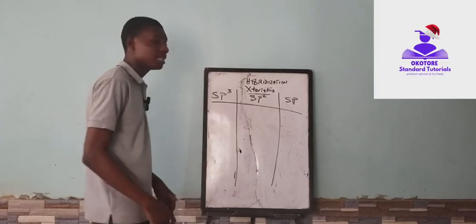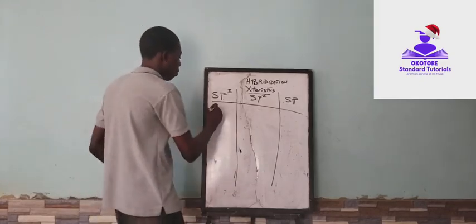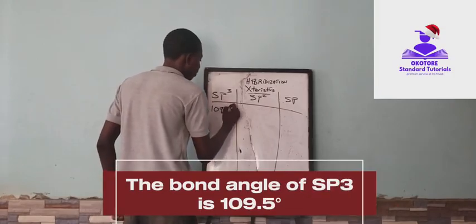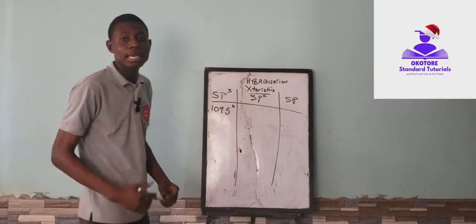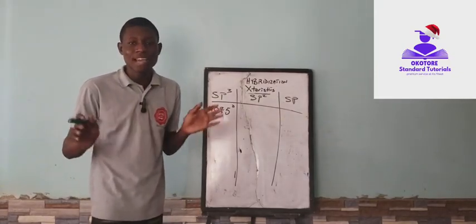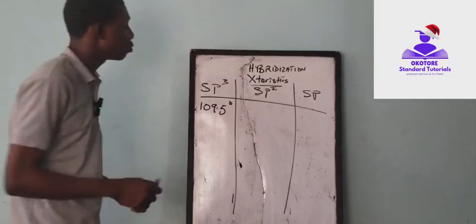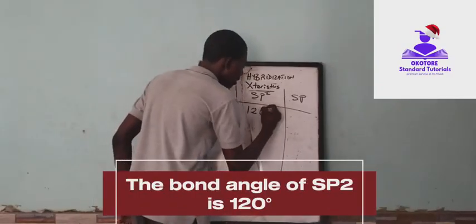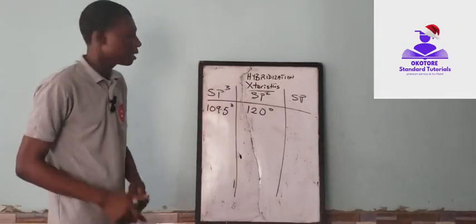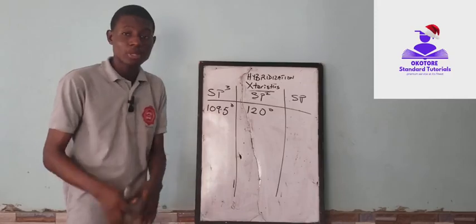Now for sp3, the bond angle is 109.5 degrees. It's very easy to understand. What's the bond angle for sp2? 120 degrees.